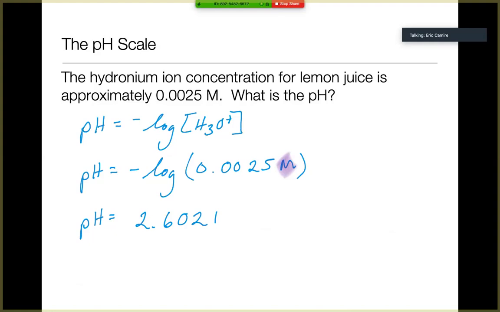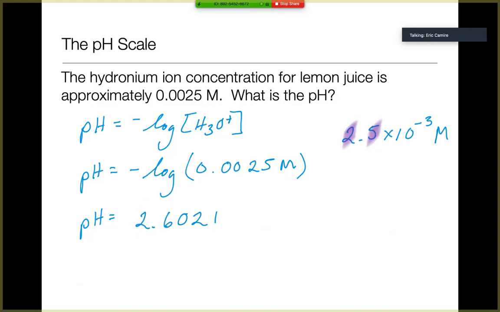My second point is on sig figs, and this is a little bit weirder. If I took the concentration, 0.0025 molar, and put it into scientific notation, I could write that same number like this, and we see we have our two significant figures. If I was going to report my answer with two significant figures, I'd say 2.6.